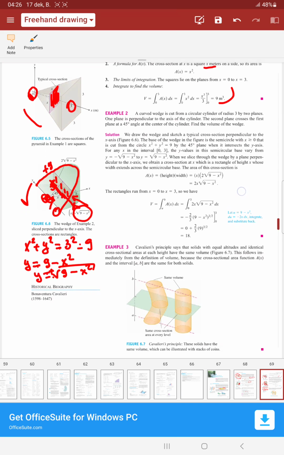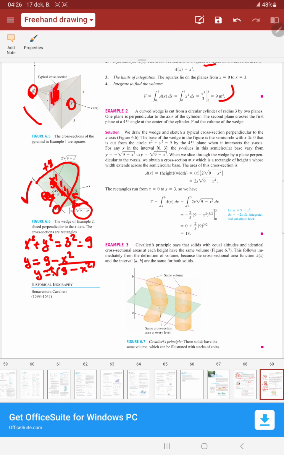And then we just have to calculate the integral from 0 to 3, and the area is just this. But I want to show you again, I want to go through this question again.